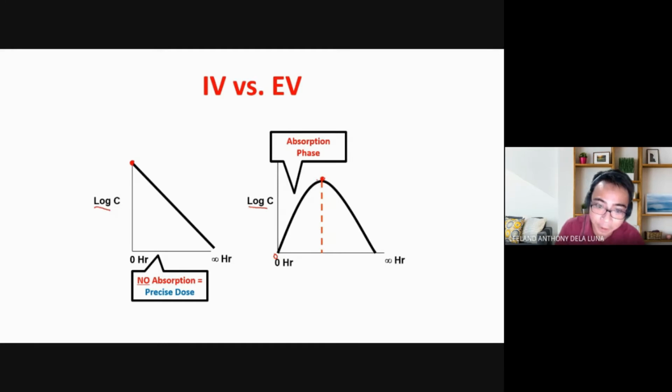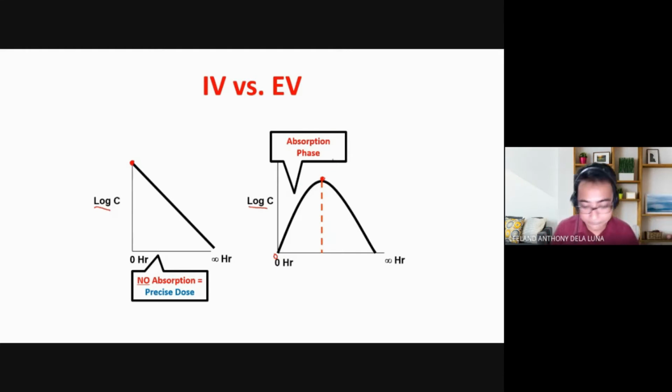So therefore, class, for intravascular route, you will not find an absorption phase. Pag nakakita ka ng absorption phase yan, ibig sabihin, hindi yan intravenously administered. That was administered using a different process. Pwedeng subcutaneous, baka oral, like sublingual, or whatever route. Basta pag may absorption phase, class, extravascular yan automatically.